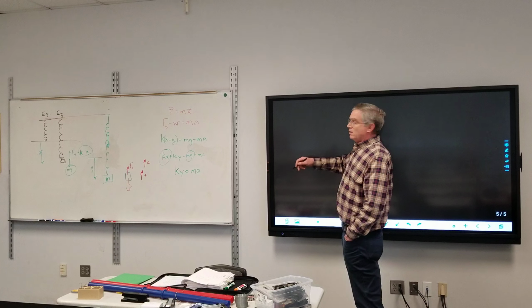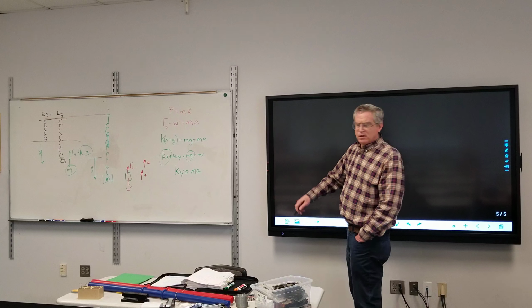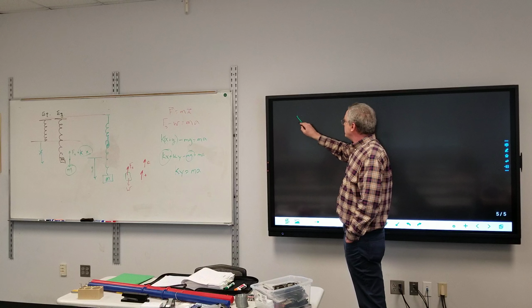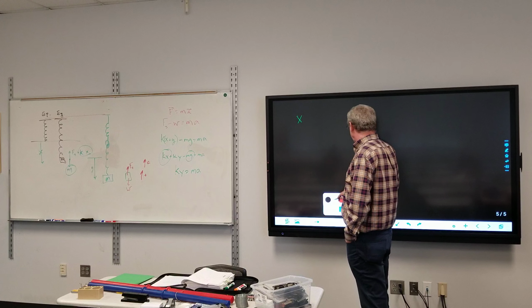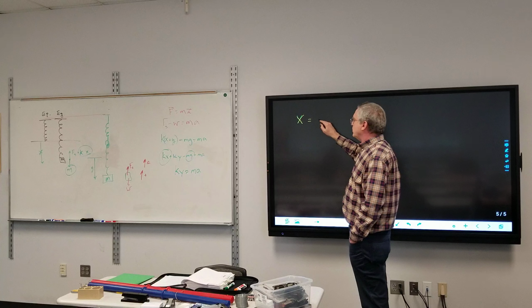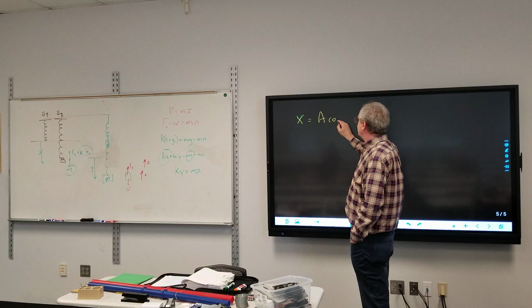All right. If I can describe the position, and I think yellow shows up better, x is equal to the amplitude cosine of omega.